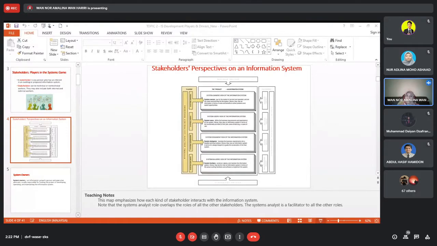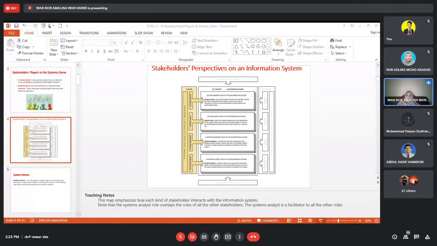Tak boleh kita nak kata kalau stakeholders kita fokus kepada user saja. No. It can be owners. Who are owners? They pay for the system. They are the ones who pay for the system to be built and operated. The subsequent slides explain in more detail regarding the stakeholders.